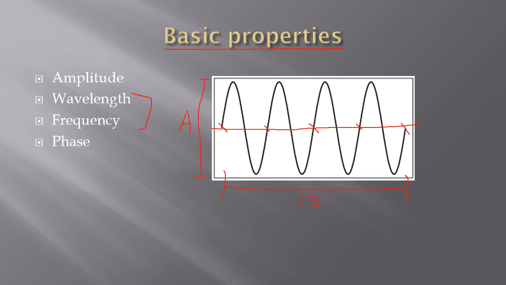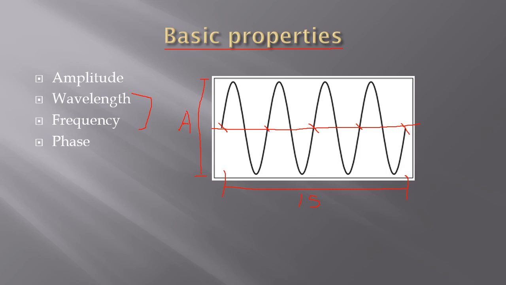Now, if this length is 1 second and it has 4 waves, then the frequency is 4 waves per second. So the frequency measures the number of cycles of the signal per second, or the number of waves per second.